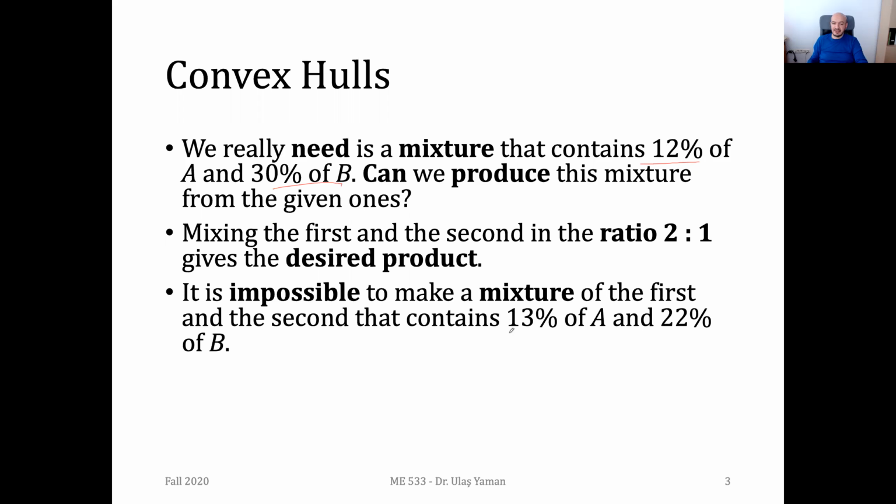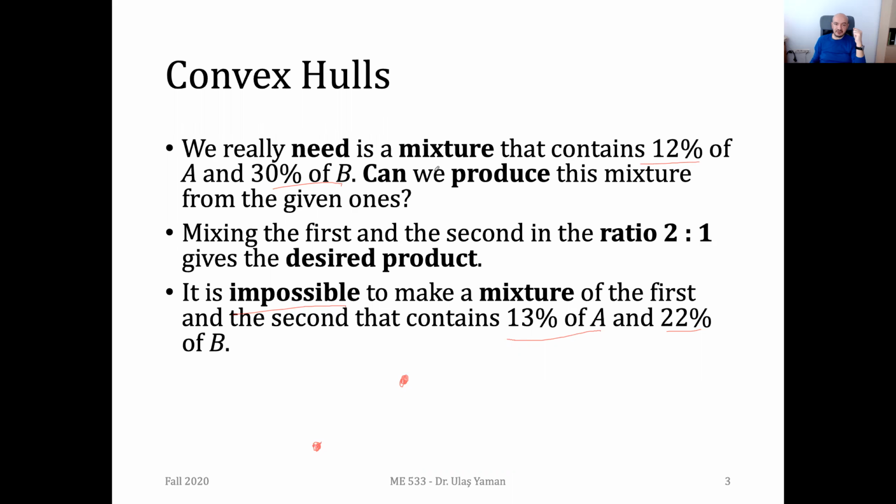But what about a different mixture? Can we have a new mixture having 13% of A and 22% of B? Obviously, it's not possible if you just have two oil wells. We have one oil well here and the other one here, and we have different A and B components in between these two oil wells.